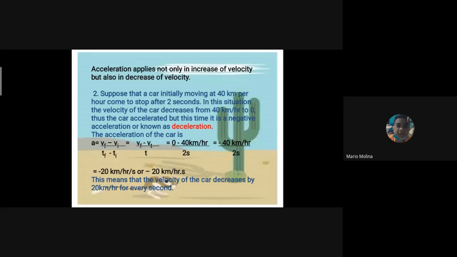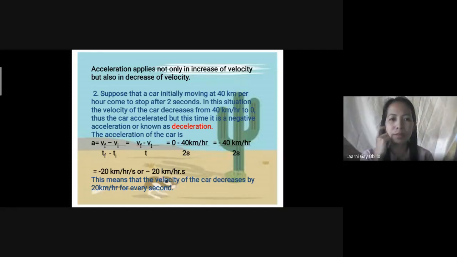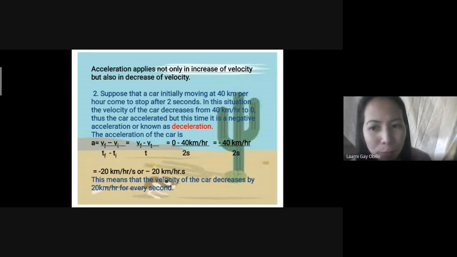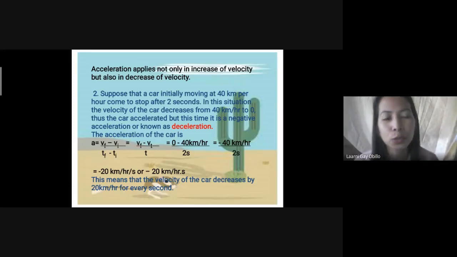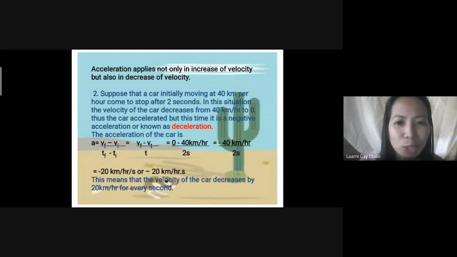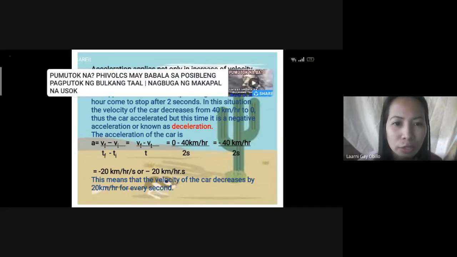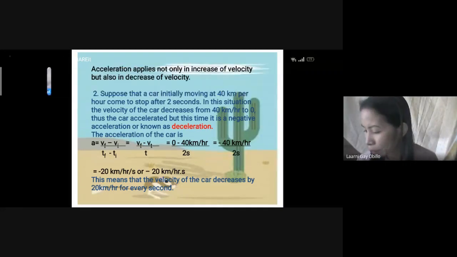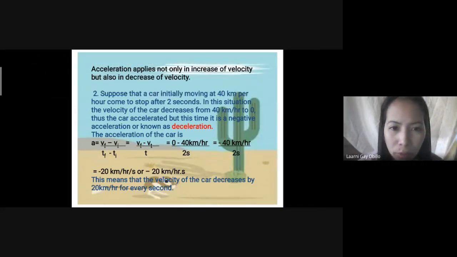The acceleration of the car: a equals v sub f minus v sub i over t sub f minus t sub i. Okay, so ito naman, sabi nga natin, unti-unting bumagal from pagiging mabilis. So yung car, meron siyang initial velocity na 40 kilometer per hour.